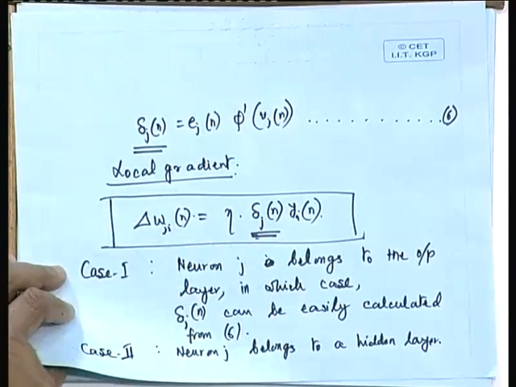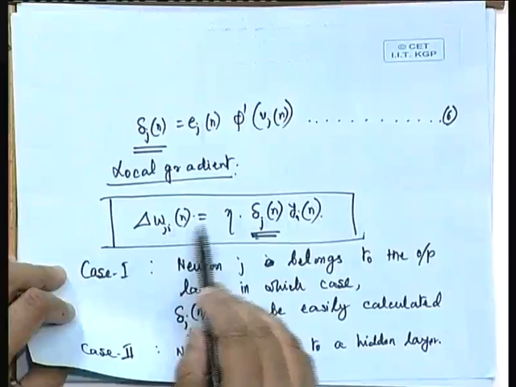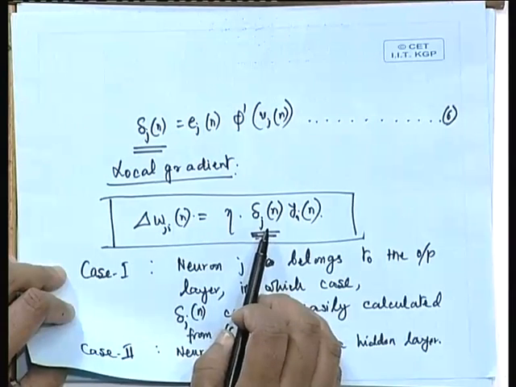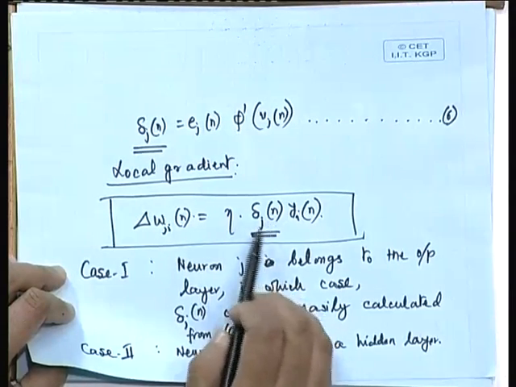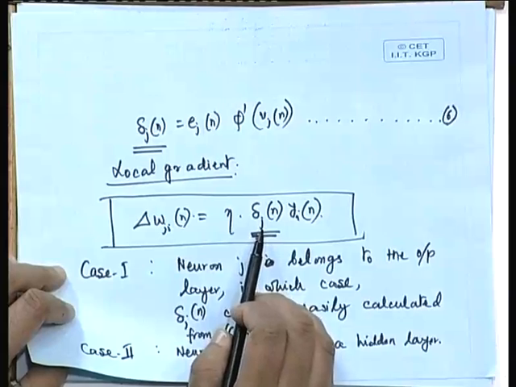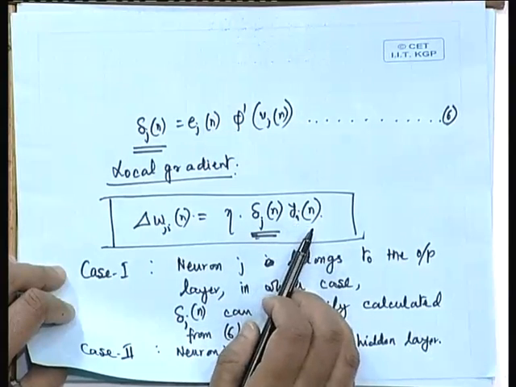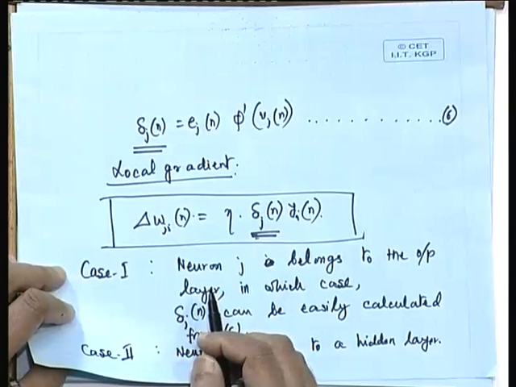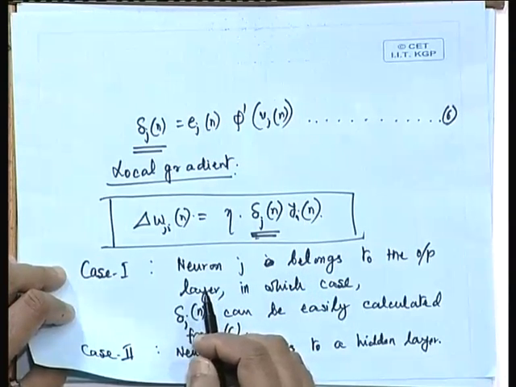Ith is connected to the layer previous to the hidden. Okay. So, delta Wjin will be equal to eta times this delta Jn, okay, where this delta Jn is going to be the local gradient of the jth neuron times Yin, and Yin is the input, is the ith input to the hidden layer neuron J, right.